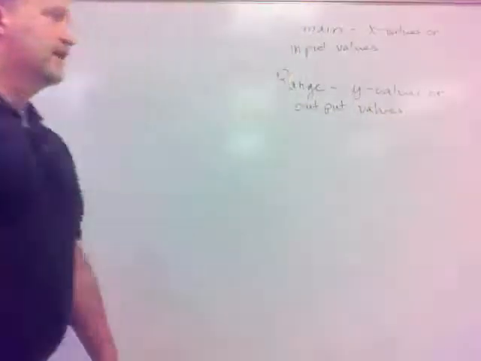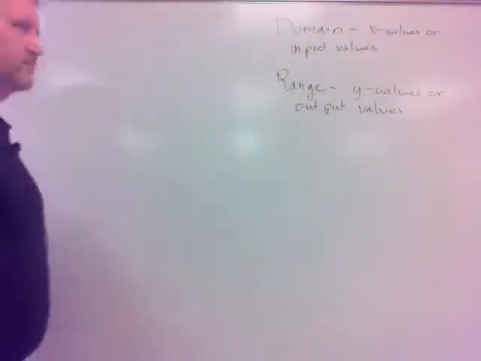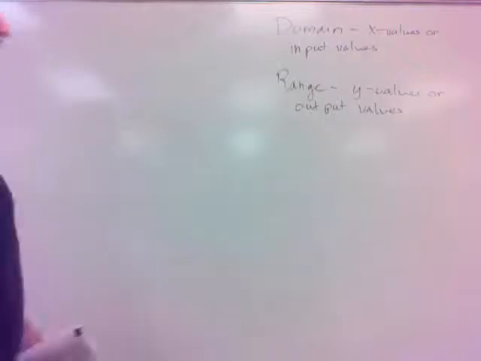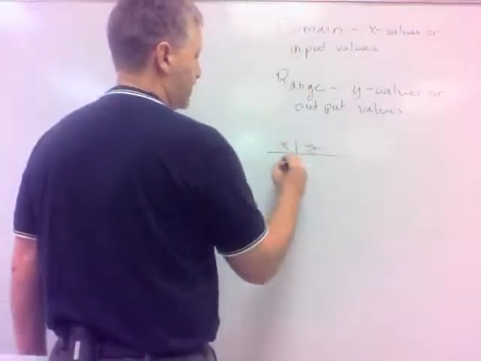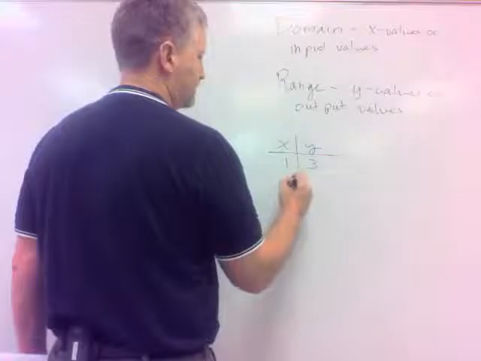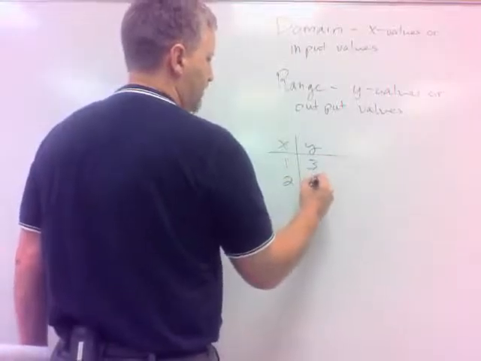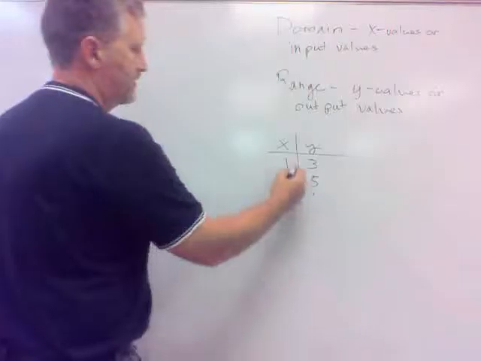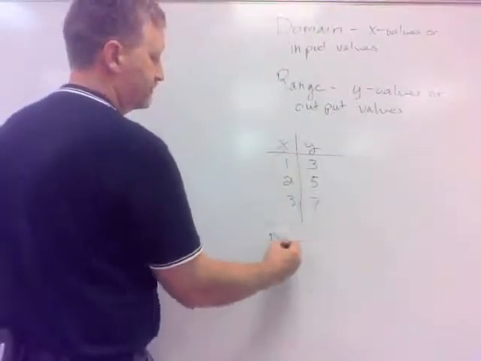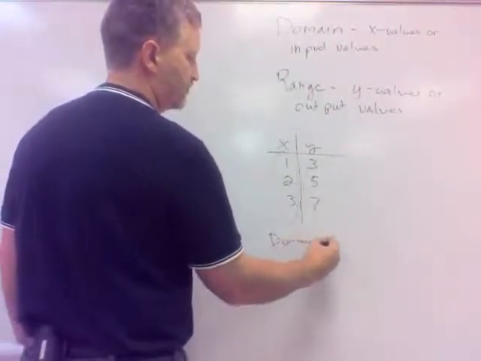Okay. And so, if we had a function here, a table, where x is 1, y is 3, x is 2, y is 5, x is 3, y is 7, then here's your domain: 1, 2, 3.